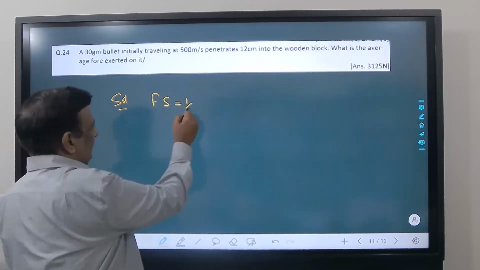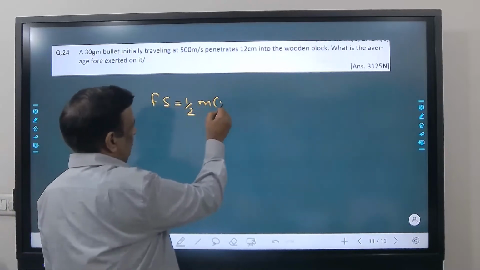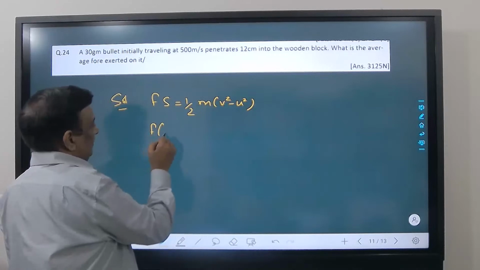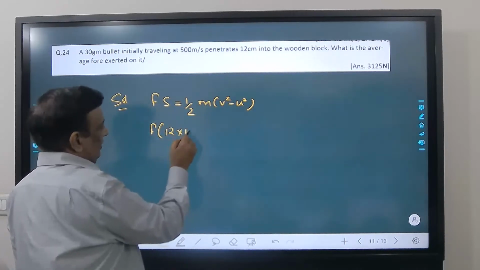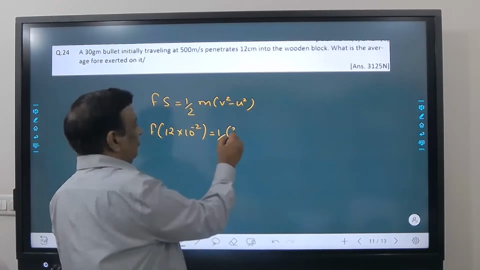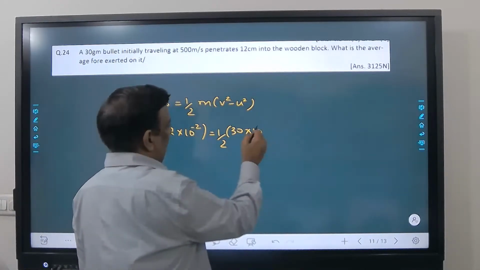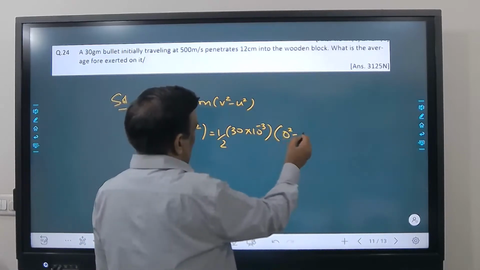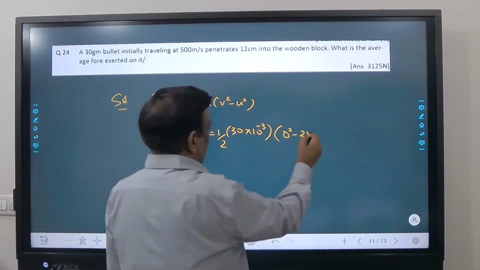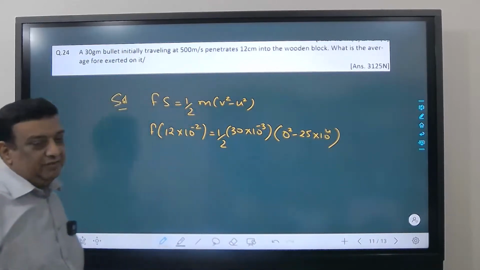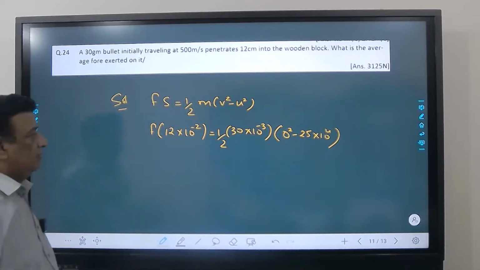Force into displacement is half m v square minus u square. Displacement is 12 centimeters, so 12 into 10 raised to power minus 2. 30-gram bullet, so 30 into 10 raised to power minus 3. 0 square minus 500 square. So 500 square is 25 into 10 raised to power 4.